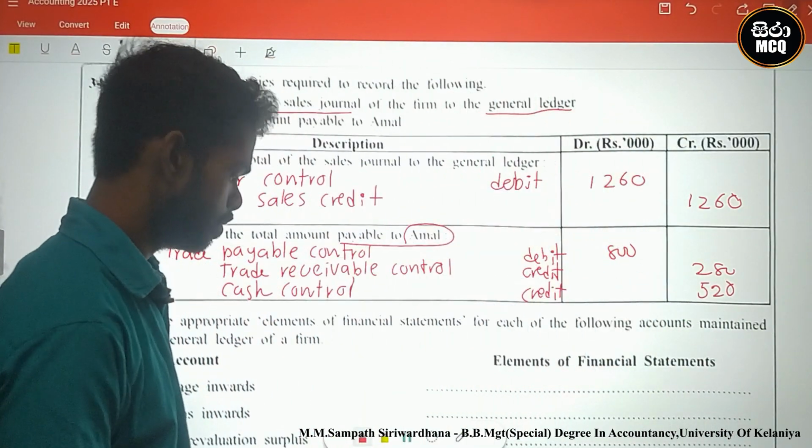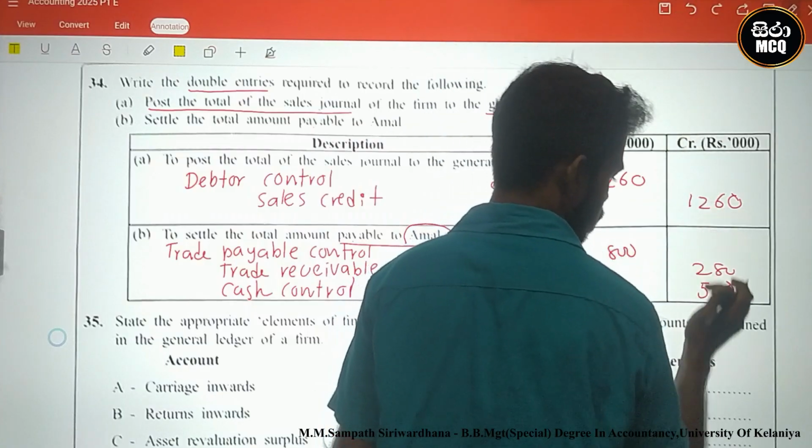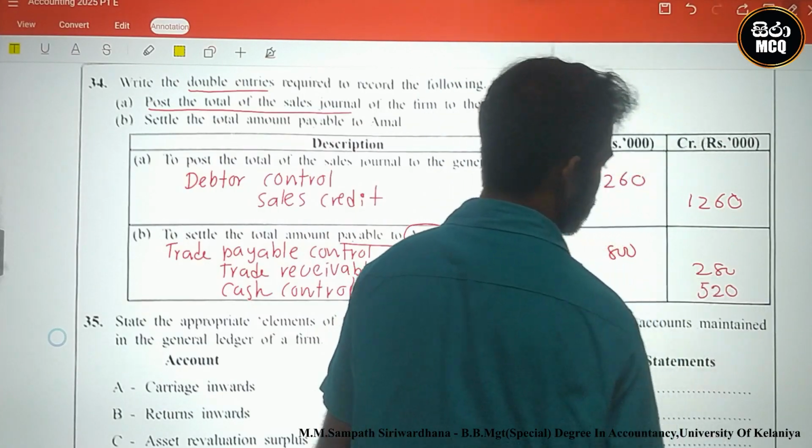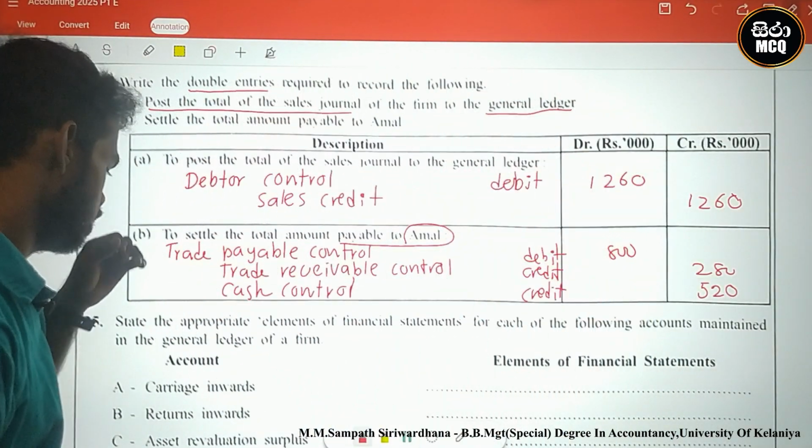This is the double entry. This is the transaction journal entries.